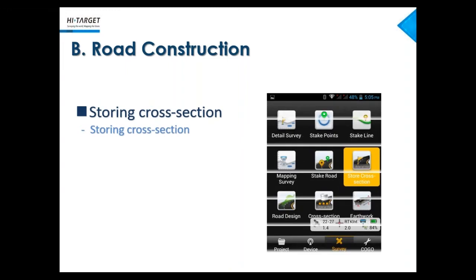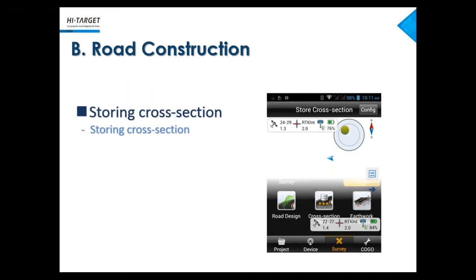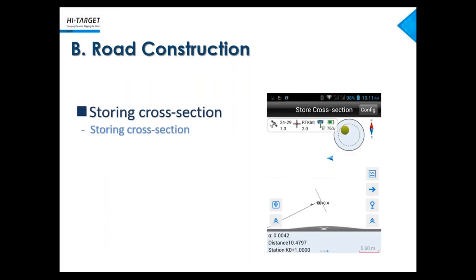Go to the tab Survey and click the button Store Cross Section. Then you may find there's a section here on the screen. So I need to go to the section and collect the points. You may find in my image I have already collected 3 sections with the points.